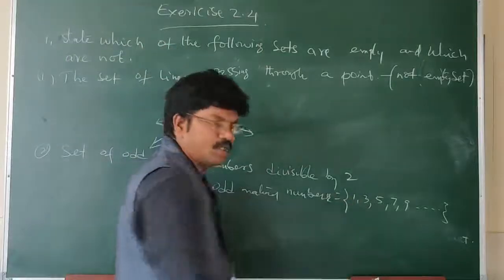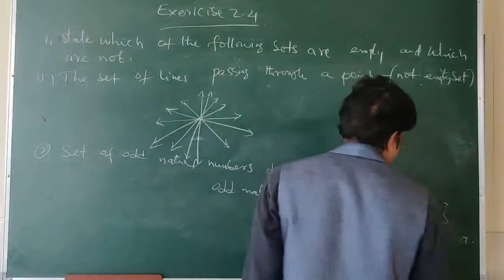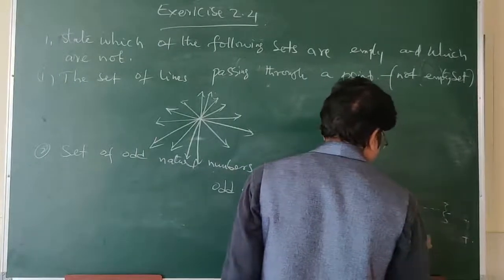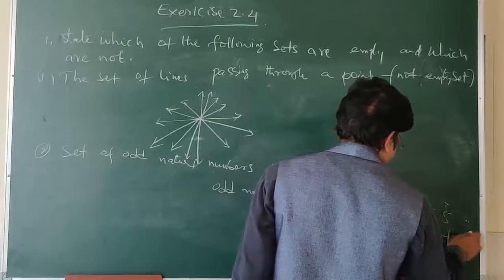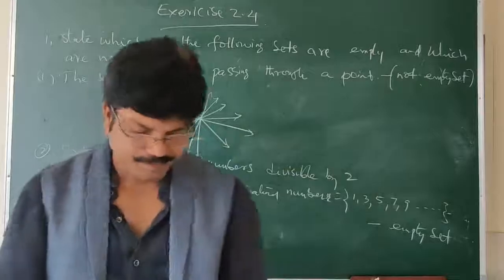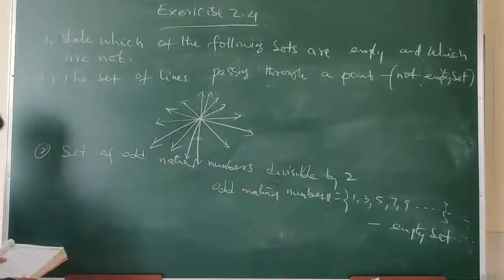Is there any odd natural number divisible by 2? No. It is an empty set. There are none like that. Okay.